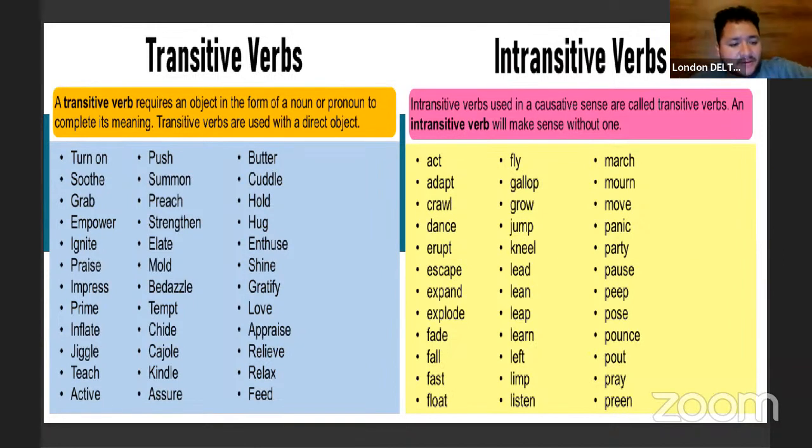Inflate. Right? It's at the right side of ignite. Is it correct? Okay, this verb is elate. Exactly. It means alegrar. Alegrar. Elate.